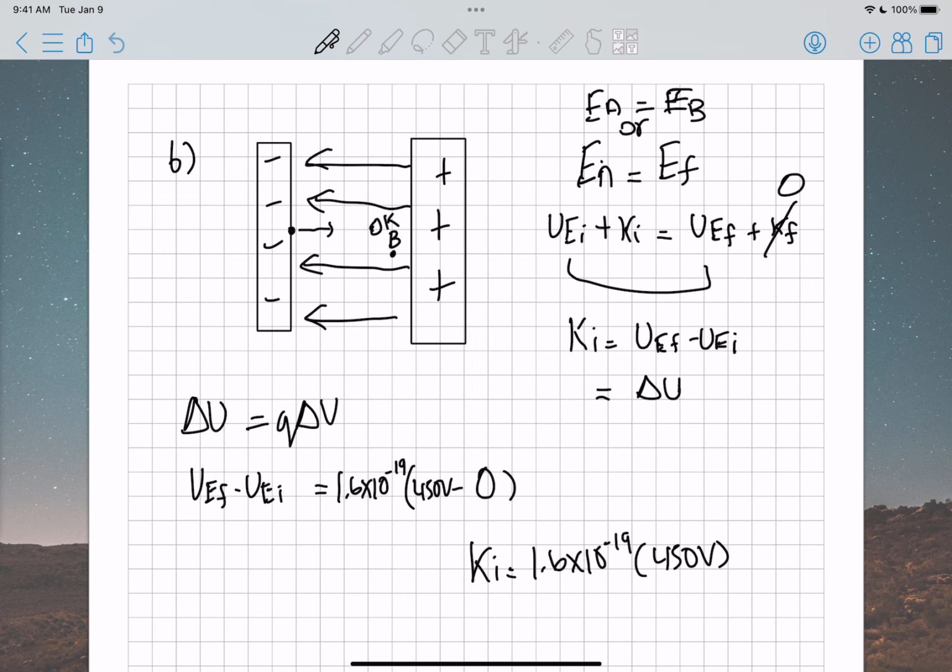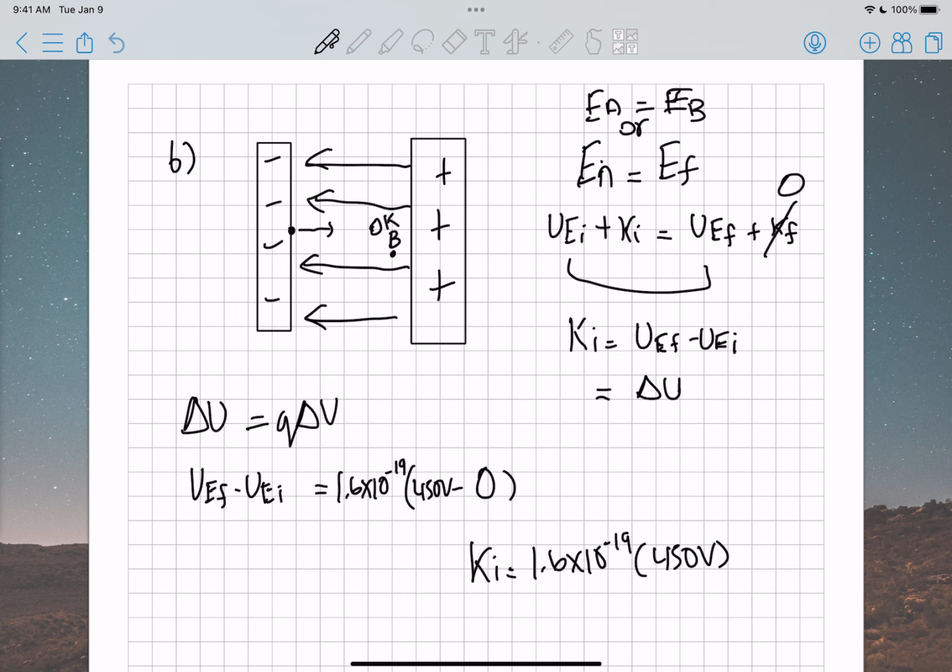At point A and B, though, we could at least analyze the electrical potential energy as well, based on their position relative to the plates. And then we see UEi plus Ki on one hand, and UEf plus Kf on the other hand.